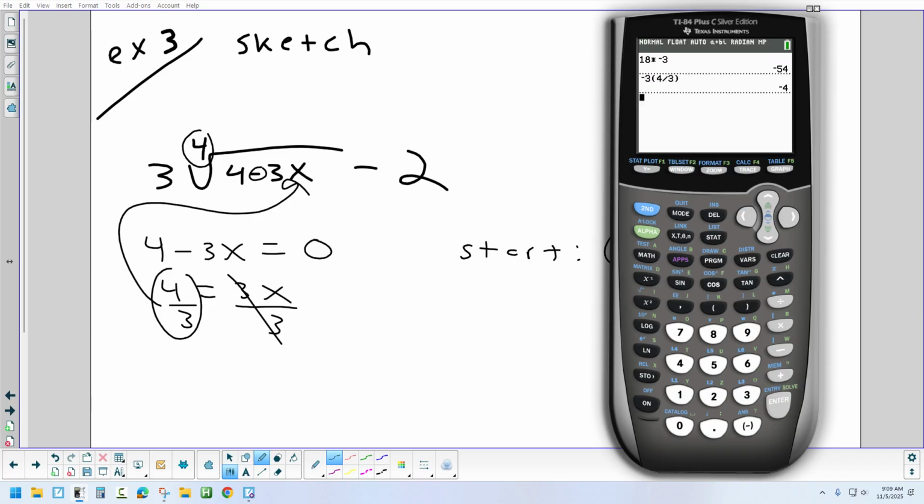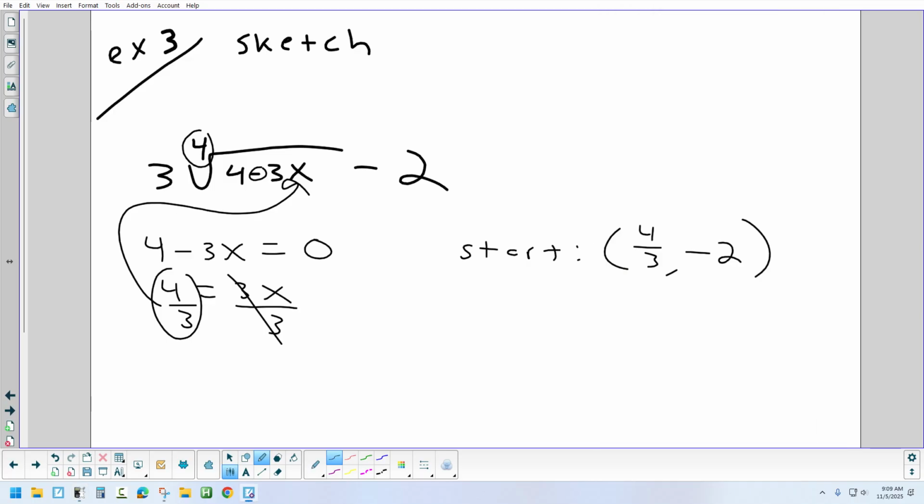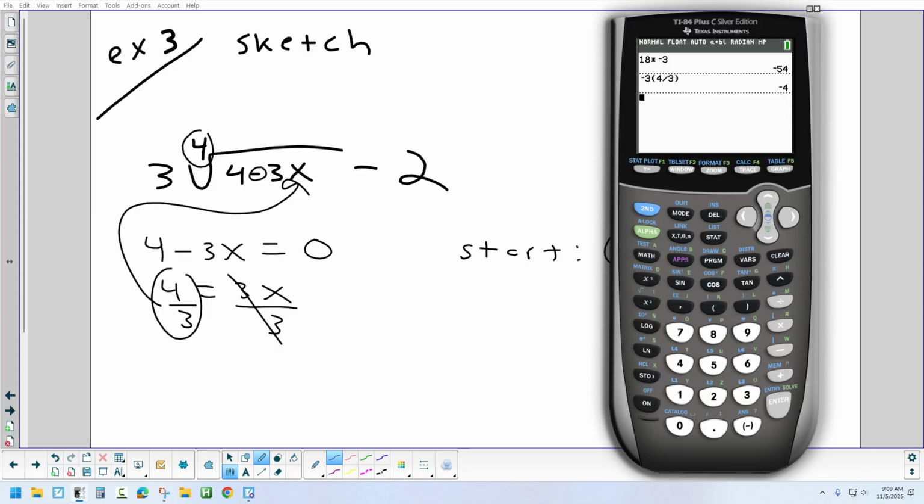So you're plugging in 4/3 right here, right? Yeah, I plugged in 4/3 to -3x. So when you plug in 4/3 right here, if you want to do it all out, like to check it, like you said, you do 4 minus, and then in parentheses, 3 times 4/3. Oh, okay. So you have to include the whole thing.